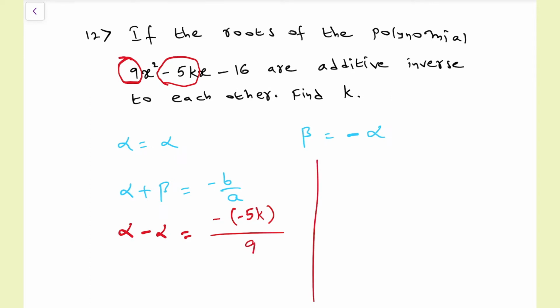So on the left side alpha minus alpha is 0, equals minus of minus 5k, which is plus 5k, divided by 9. If we take the 9 to this side, 0 equals something means definitely the k value should be 0 only, there is no other option. So if k equals 0, then only that equals 0. Otherwise take this 9 to this side, then do multiplication and division again, and as usual you will get the same answer, no problem at all.